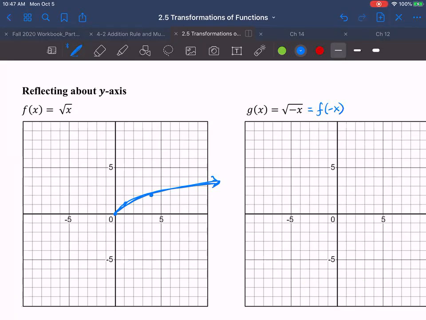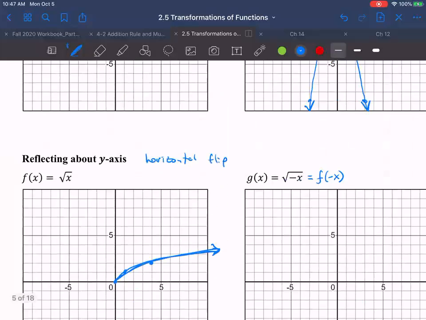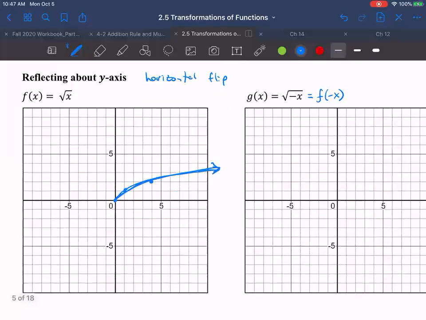Therefore, we have to do this in the x direction, in the horizontal. So this is in the horizontal direction. It's a horizontal flip. All right, is that what I said up there? Yep. So it's a horizontal flip, a reflection about the y-axis.